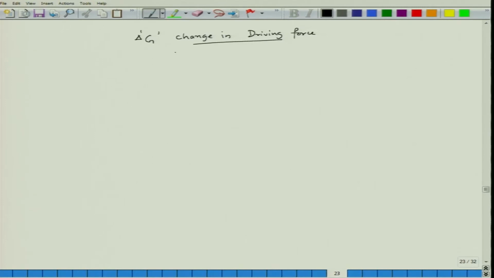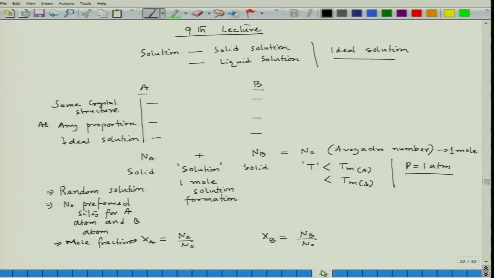Whenever we consider that, I can also consider one more thing, that whenever I consider a pure metal, it is also having its inherent free energy, and I can take it as GA, and here I can take it as GB, and since the pressure is maintained at 1 atmosphere, I can consider it to be the standard free energy in solid.